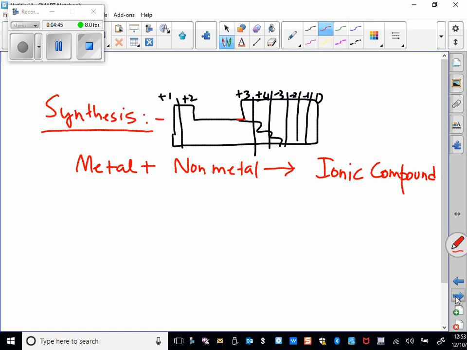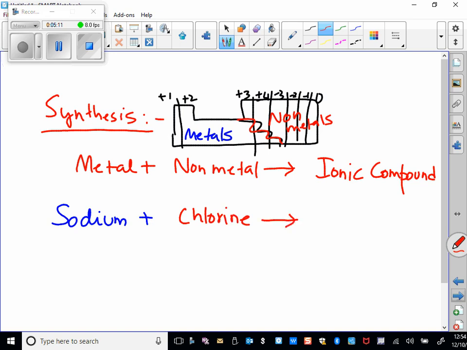So we know the staircase, and we know these are my non-metals and these are my metals. So when I have sodium, sodium is my metal. Chlorine is my non-metal. What do you expect sodium and chlorine to combine and make? Sodium chloride. Expect it to make sodium chloride.